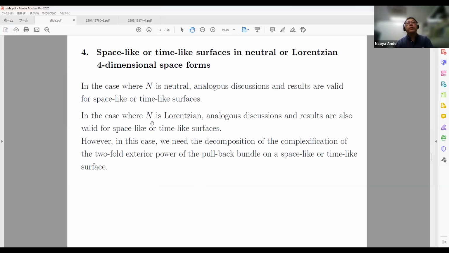In the case where n is Lorentzian, analogous discussions and results are also valid for space-like or time-like surfaces. However, in this case, we need the decomposition of the complexification of the twofold exterior power of the pullback bundle on a space-like or time-like surface.